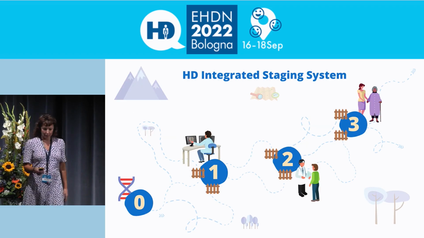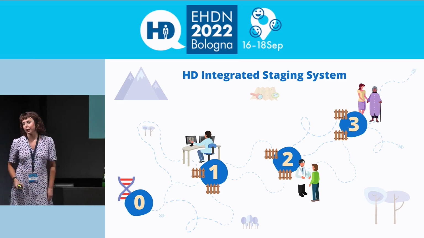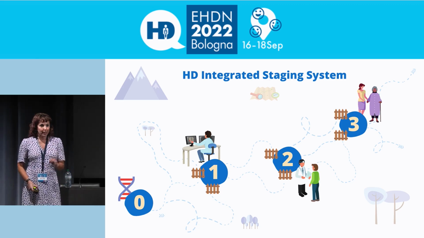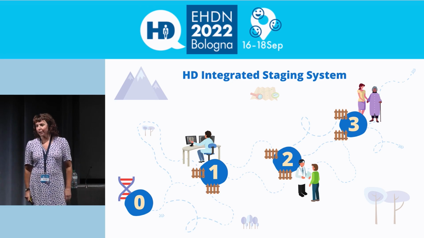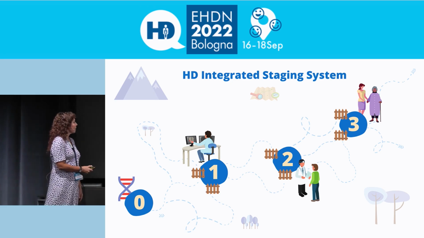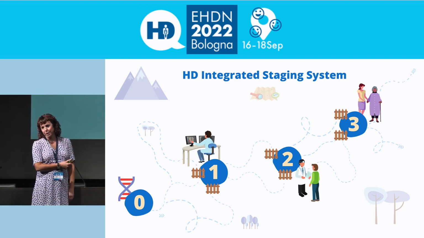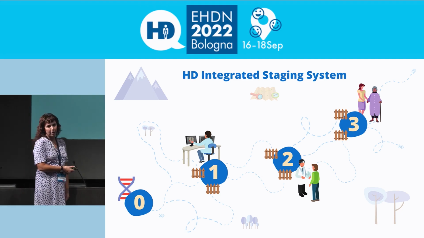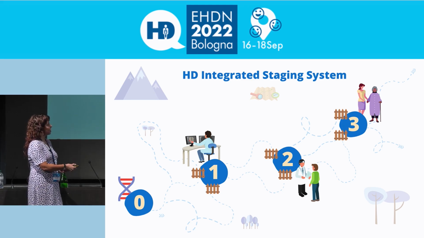So what is it? So here is stage 0. You carry the gene. And actually, the patients and family communities very much like the idea of stage 0. There is nothing to find except you carry the gene. Stage 1 is a biomarker of pathogenesis. And these gates are landmarks. So we have 2 landmarks for each stage. Stage 2 is clinical signs and symptoms. And stage 3 is functional change.